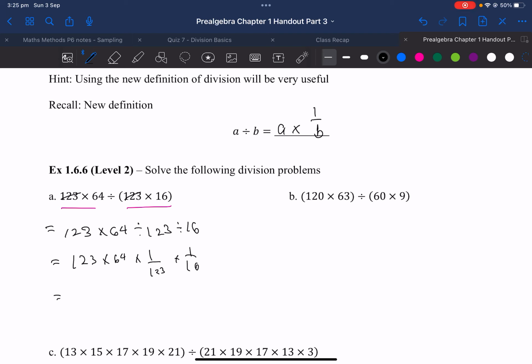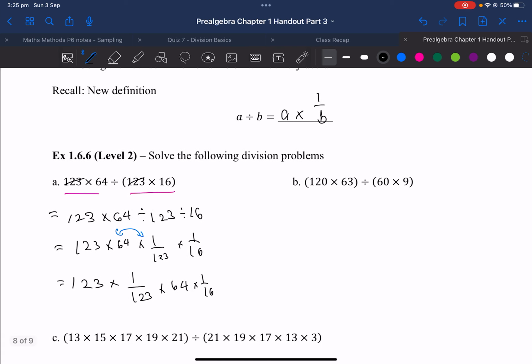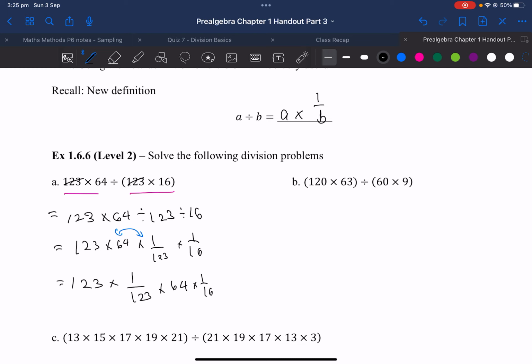I'm going to move this around to pair the 123 with the reciprocal. I'm going to switch these two basically. So it ends up being 123 and 64 times 1 on 16. Then I go back to division, because multiply by a reciprocal is the same as division. Convert to division again.